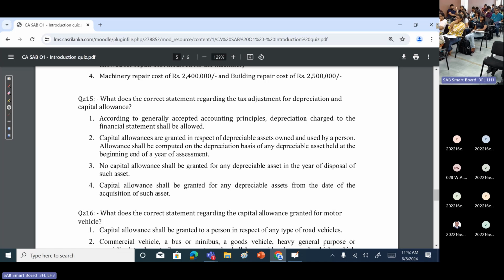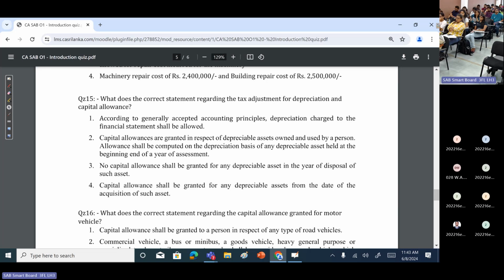Allowance shall be computed on the depreciation basis of any depreciable asset held at the beginning of the year, at the end of the previous year. So yeah, the beginning of the year corresponds to the end of the last year.